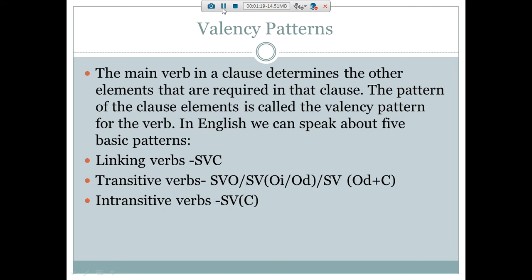Transitive verbs, which in turn we can divide into monotransitive verbs, ditransitive verbs, and complex transitive verbs when the direct object is followed by a complement, and intransitive verbs, both of complete and of incomplete predication, depending on whether a complement is needed or not.